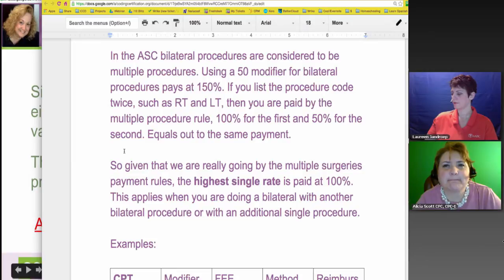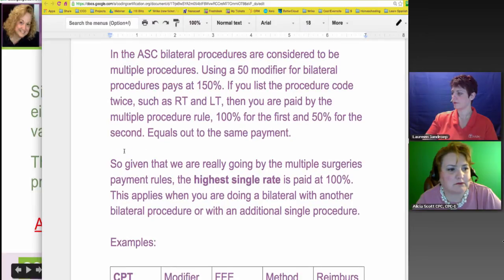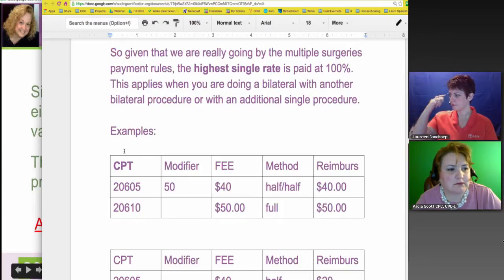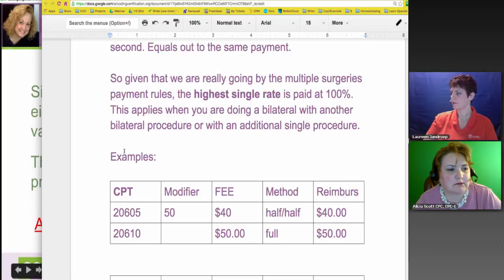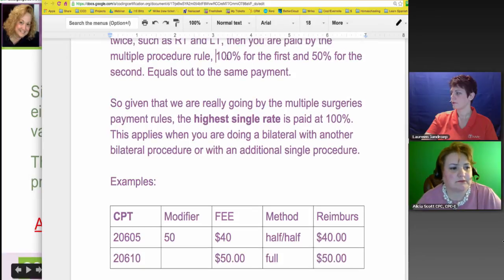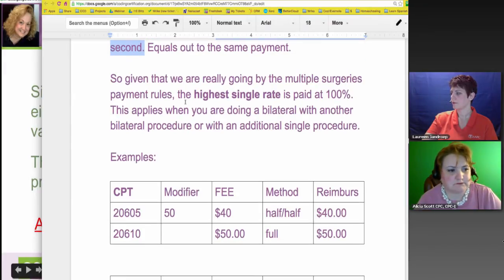So basically, if a bilateral procedure with a 50 modifier equaled 150%, and you took that bilateral procedure and broke it out into 2 lines, RT and LT, you're still paid at 150% because you're going to get paid 100 for the first and 50 for the second. So given that we're really doing multiple surgery, then we're going by those payment rules, and the highest single rate is going to be paid at 100%.